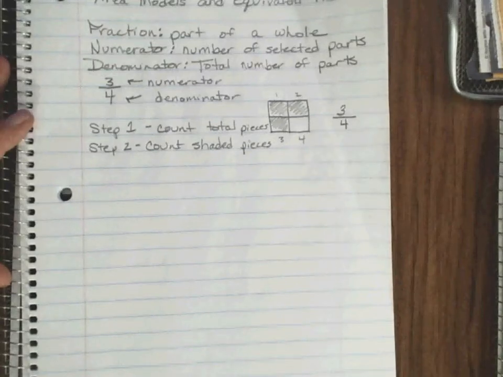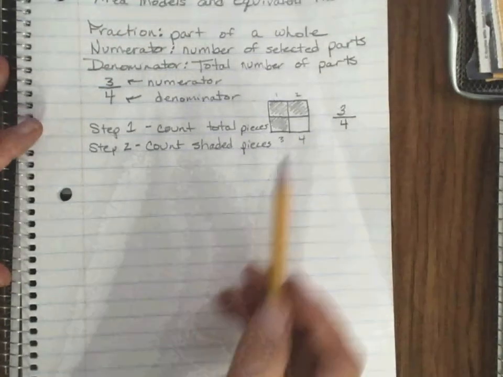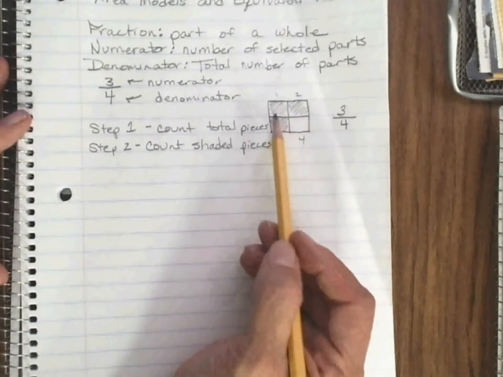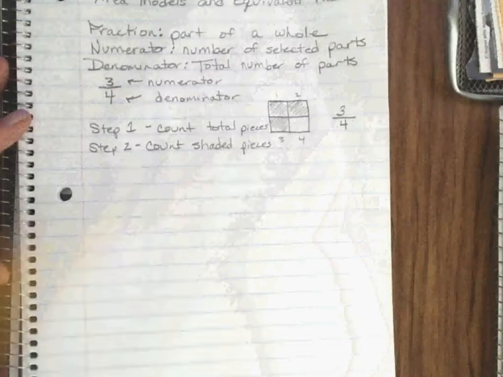Okay, so that's what it means to have an area model. We have 4 pieces. We've shaded 3 of them, so this area model represents the fraction 3/4.